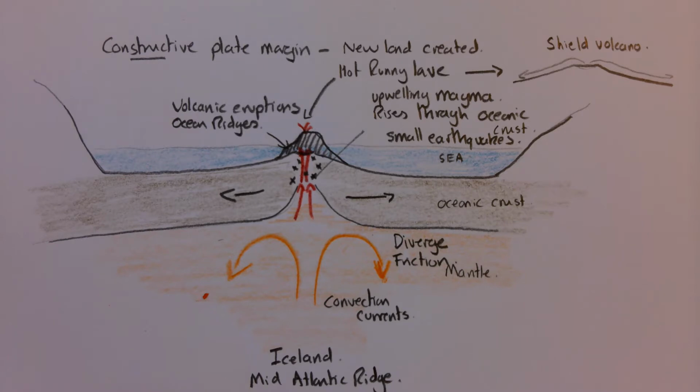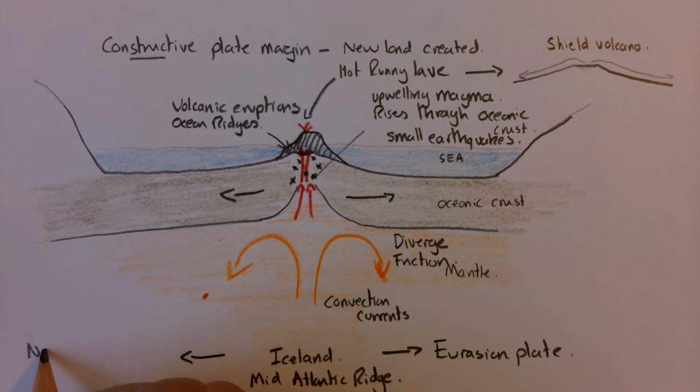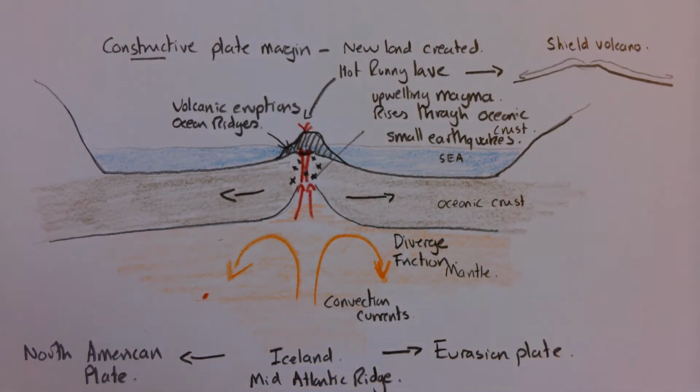And the two plates that are either side of Iceland, moving in opposite directions, are the Eurasian plate and the North American plate. So there you have it, constructive plate margins.